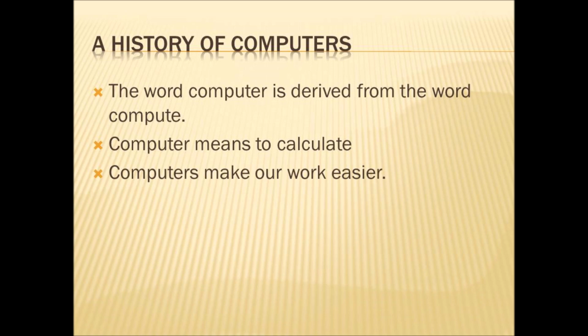That is, computers are mainly used for calculation purpose. Computers make our work easier. Since it is a machine, it makes our work easier so that it will take less time to calculate or to compute and do all the tasks that we give to the computer.